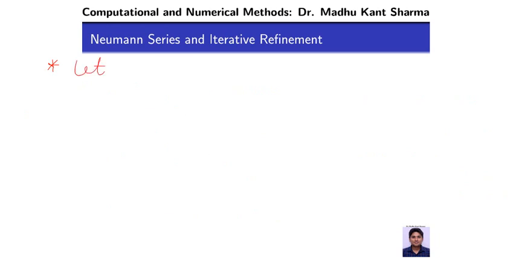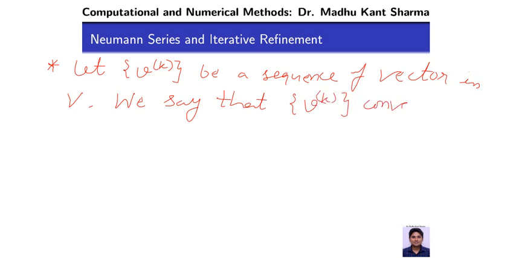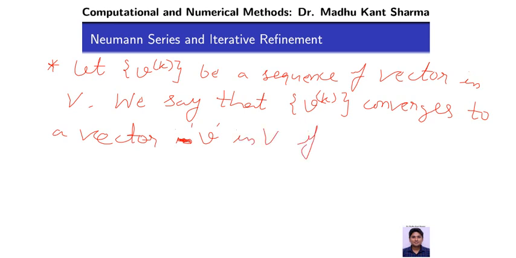Let Vk be a sequence of vectors in V. We say that Vk converges to a vector V in V if the limit as k tends to infinity of the norm of Vk minus V is equal to 0.